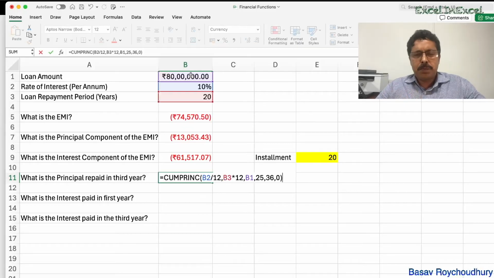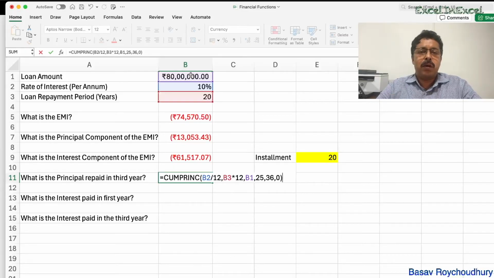So the best part here is that you see, when I'm trying to find out the cumulative principal that I'll pay back in the third year, thanks to the Excel function. But if it was not there, I would have to figure out at the beginning of the third year, what would be the principal outstanding, how much will I have paid in the third year, all those difficult calculations would have come in. But in this case, I don't have to bother.